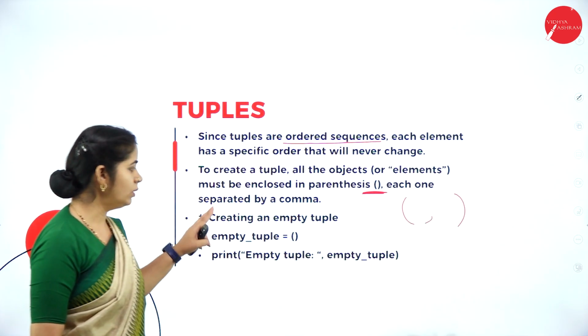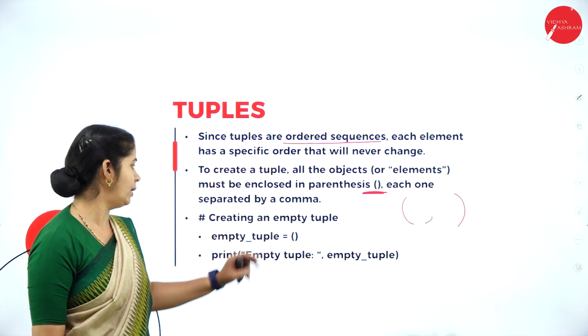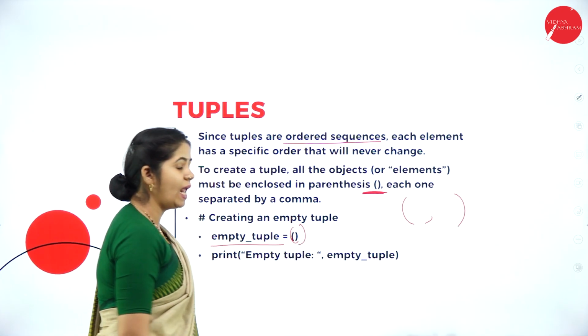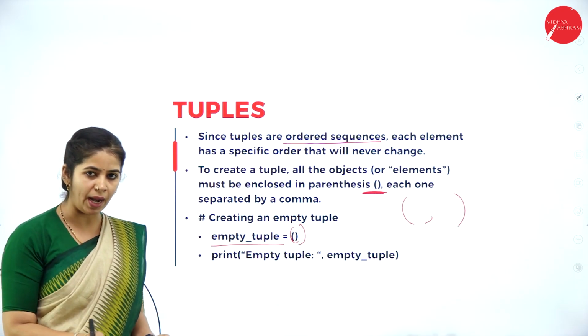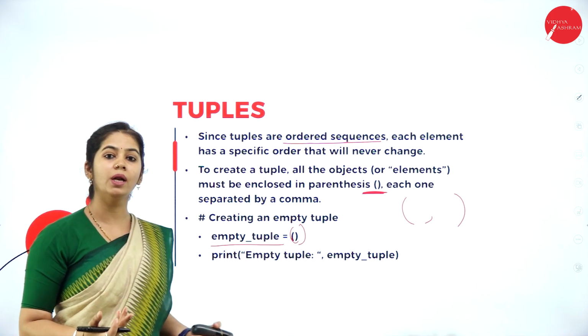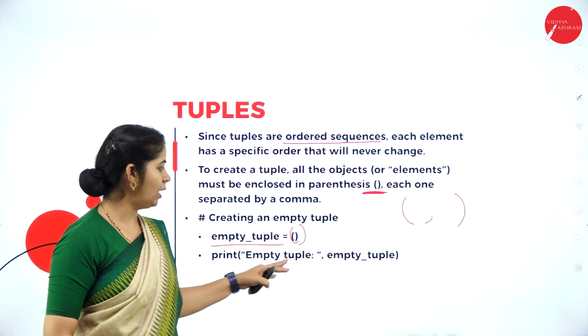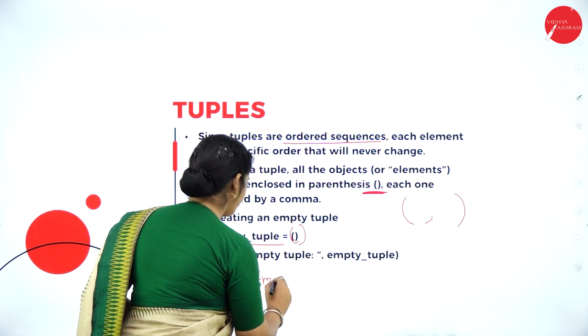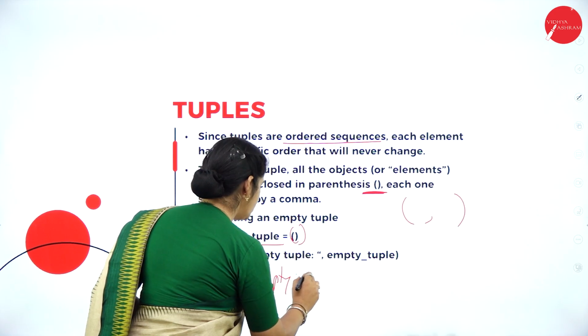Right. So this is an example of creating an empty tuple. We are not giving any value inside the braces. So it does not print anything. So print empty tuple, that's what it will be printed as, an empty tuple.